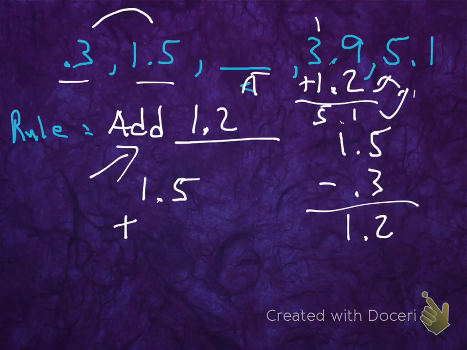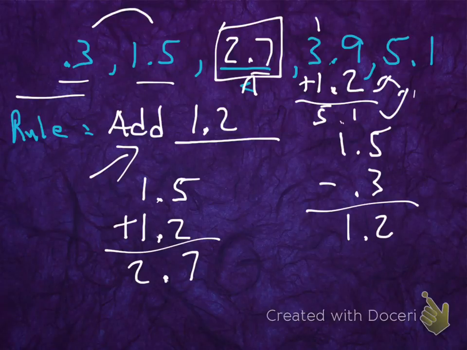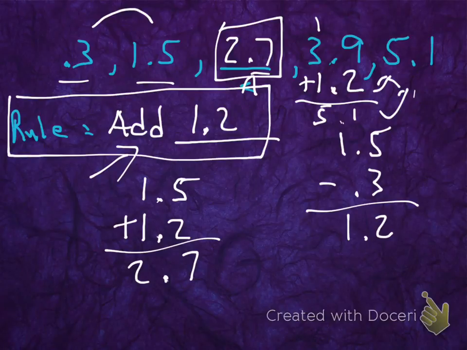I add my 1 2/10 because that's the rule, and each number is increasing by 1 2/10, and I would get my answer of 2 7/10. Therefore, you should have gotten your unknown term as 2 7/10, and your rule as add 1 2/10.